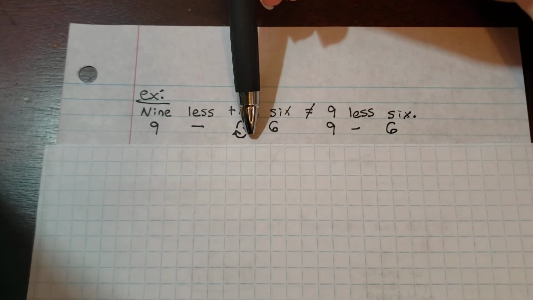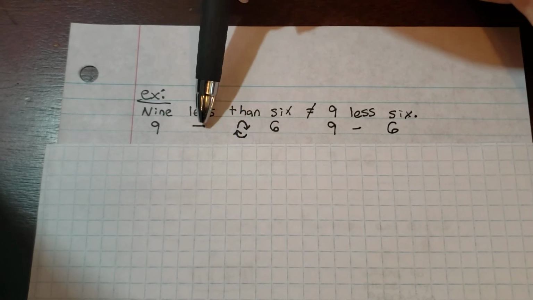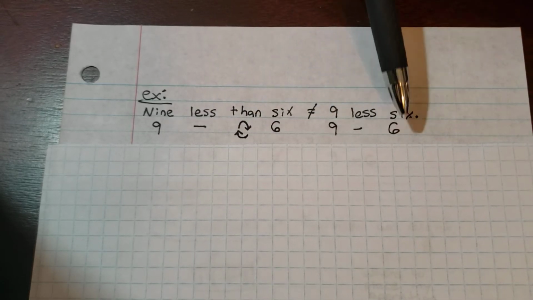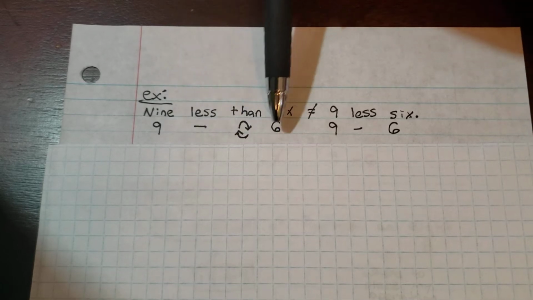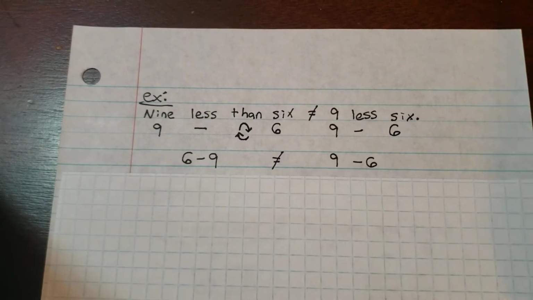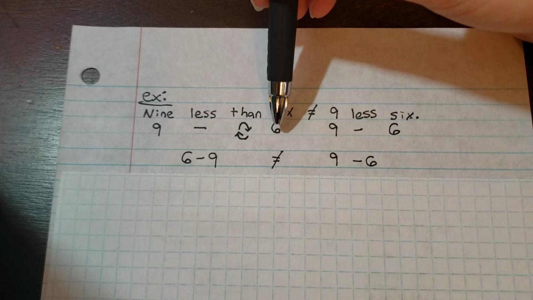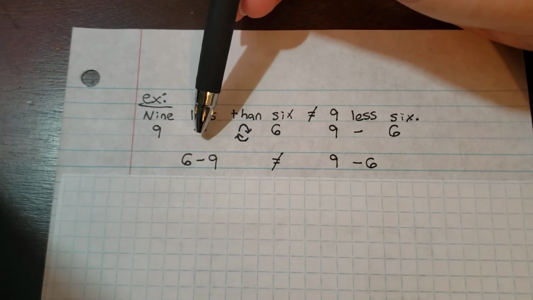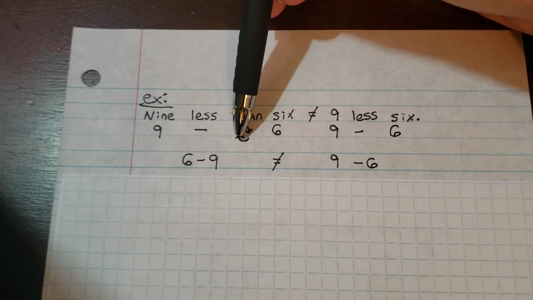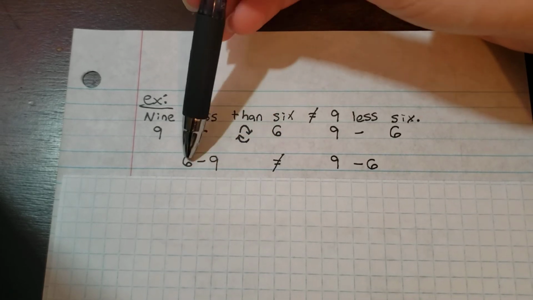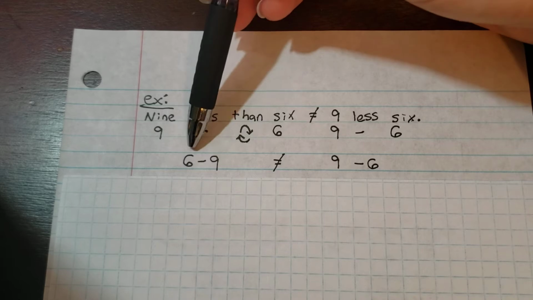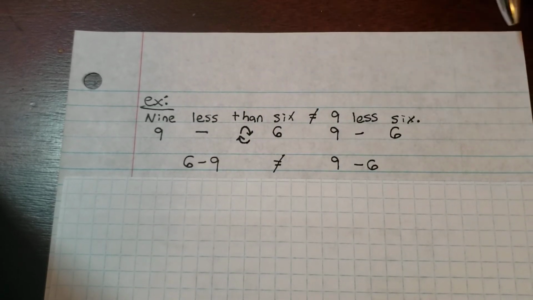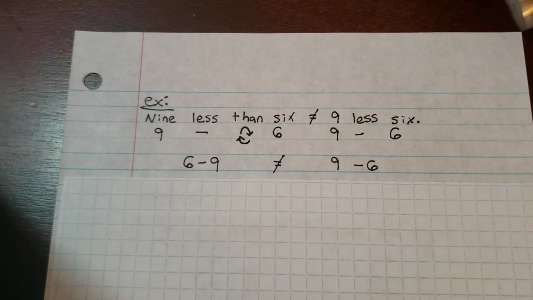Than, that's where I switch things around. 9 less than 6 looks like, because I'm going to switch the order of 6 and 9, 6 minus 9, which is negative 3, and that does not equal 9 minus 6.